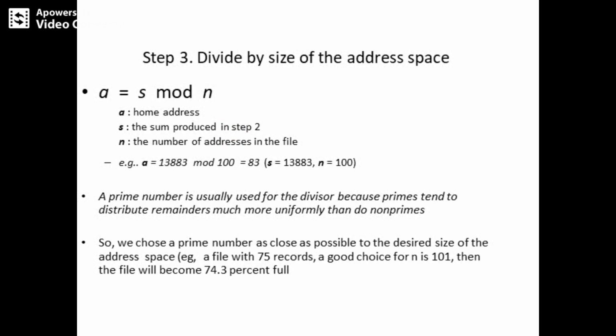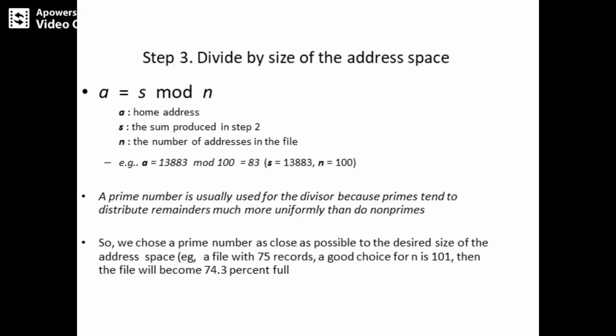Say you have 100 addresses in the file. So I can find the home address of Lowell as 13883, which we got in step 2, mod 100. So you will get 83.